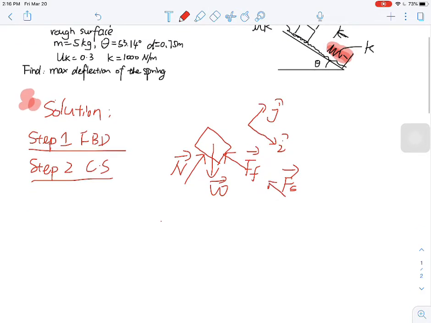Now, once we have steps 1 and 2, last time we mentioned step 3. What should you do in step 3? You should apply the work energy equation and find the kinetic energy for each mass.